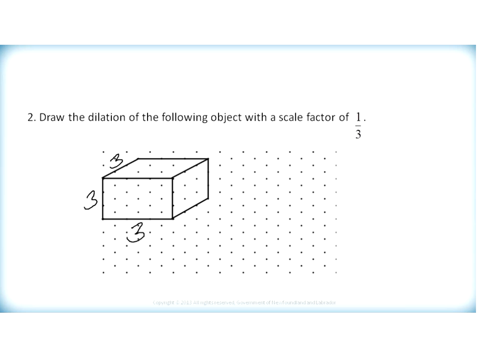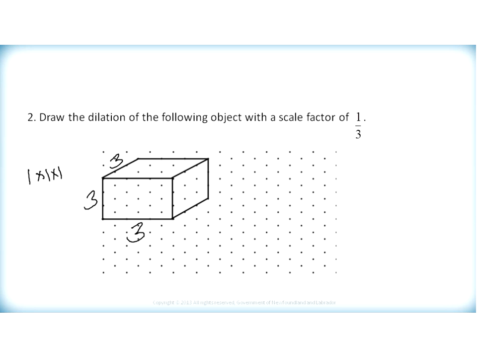So my dilation is going to need to be a 1 by 1 by 1 if I multiply by a scale factor of 1/3, because what I'm doing is 3 times 1/3, 3 times 1/3, and 3 times 1/3. So my new diagram should have dimensions of 1 by 1 by 1.